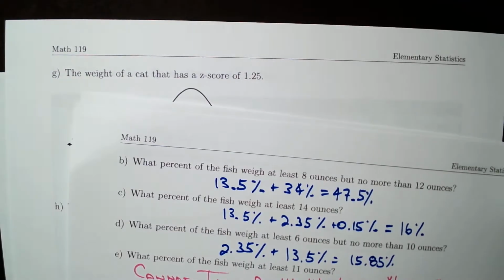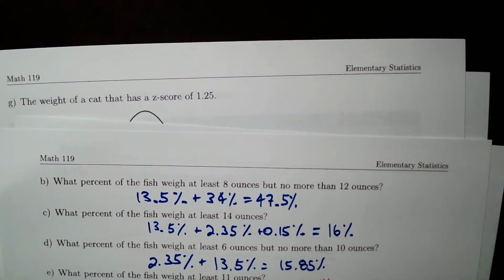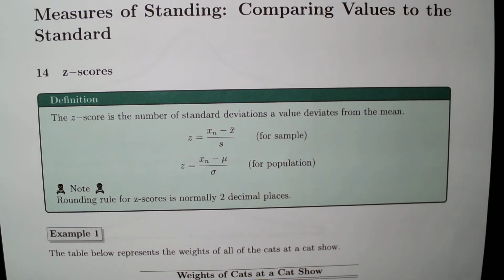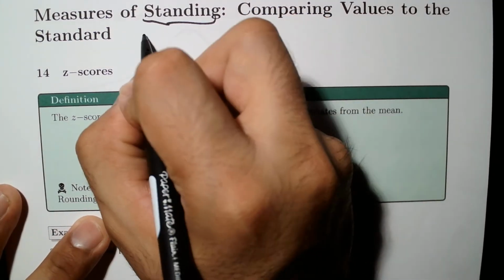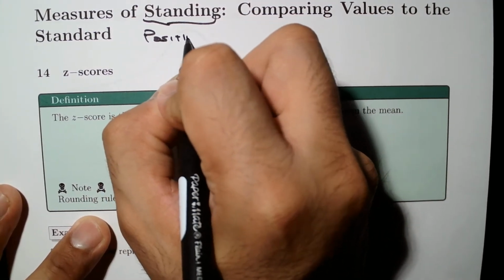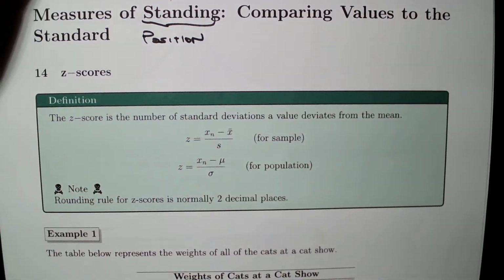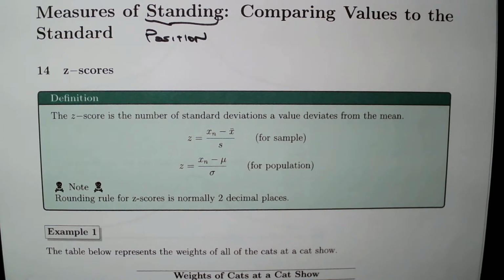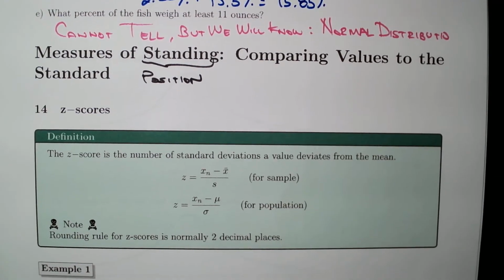Alright, so let's move to the next topic, which is measures of standing, rather, or position. So measures of standing, measures of position, either way. So some books call it standing, some other books call it position. So we are going to compare values to standard values.